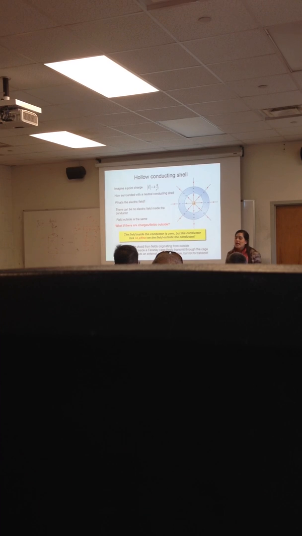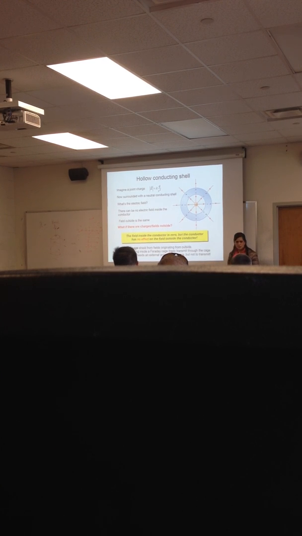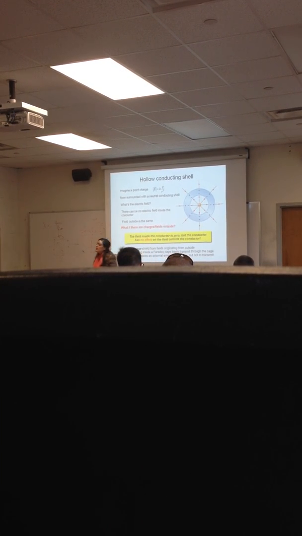Does that make sense? The only purpose of the conductor, like we talked about last class, is to provide a pathway for the charges to accommodate. This is what's called a Faraday cage. Have you heard of Faraday cages? Pretty much your car, as long as it's not a convertible, is a Faraday cage, which means the outside is conducting material, and inside the conductor there can be no electric field.